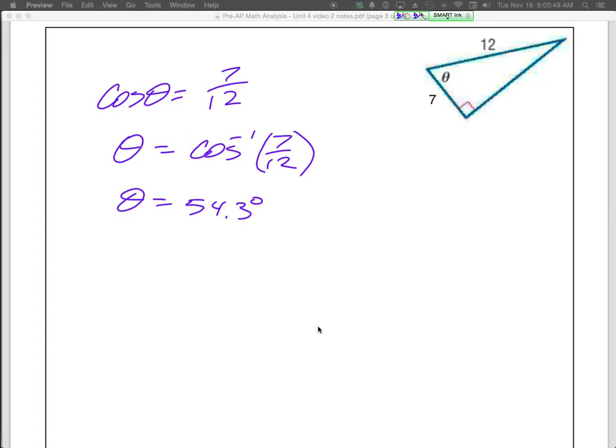Rachel? Could we get the same answer if we did cosecant? Cosecant? No, it would have to be secant. So if I did secant, it would be 12 over 7, or theta equals inverse secant of 12 over 7.